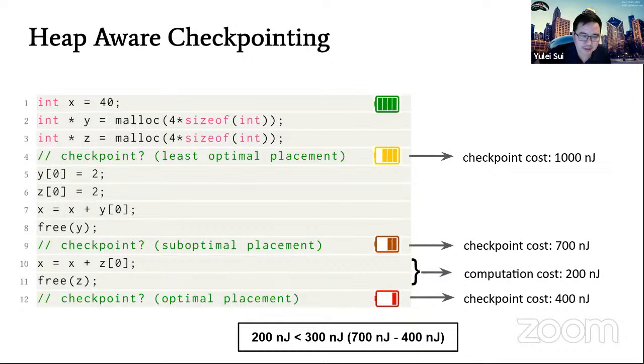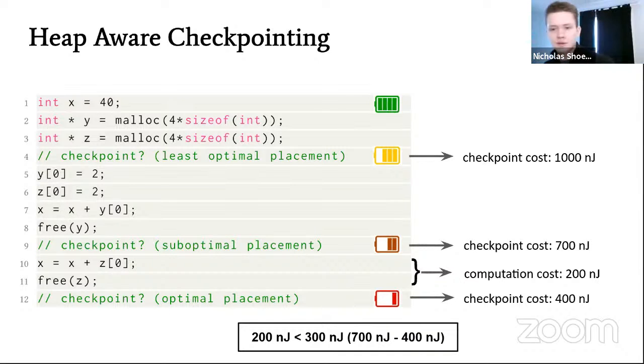You need possibly a prediction mechanism or a model which says whether I can go from line 9 to line 12, then you can decide whether line 12 is optimal or not. If you can't reach line 12, then you can't say this is optimal placement, right?